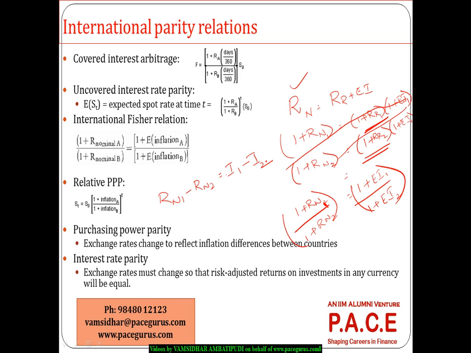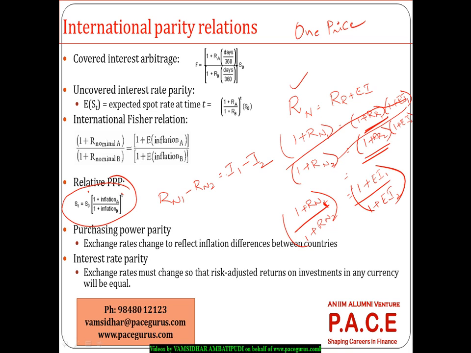Because whenever we talk about comparison of the average price on some kind of a representative set of goods in both the countries, under the law of one price, which is typically the governing factor for the purchasing power parity, whatever is the basket of goods in one country, when I compare it with a similar basket in another country, whatever is the ratio, that should be the exchange rate between the two currencies itself.